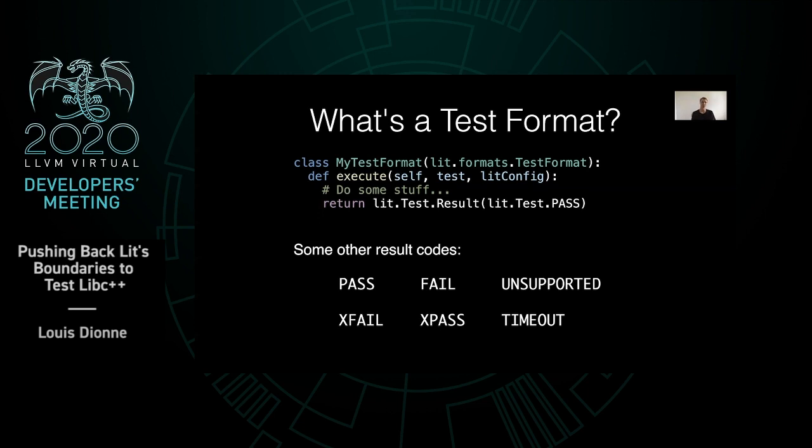Then there's xfail, which means basically that the test was expected to fail and it failed, which is basically a type of success result code. And then there's xpass, which is the opposite of that, where basically you were expecting the test to fail, but it passed unexpectedly. And then there's timeout, which is obviously for a test that times out.